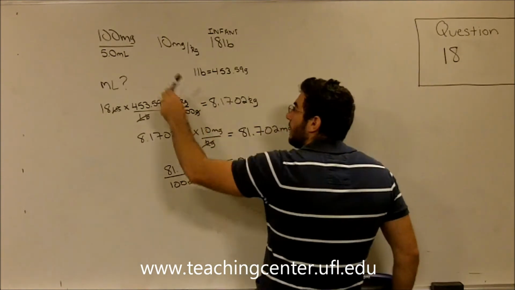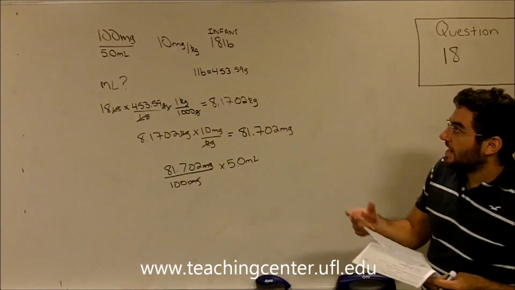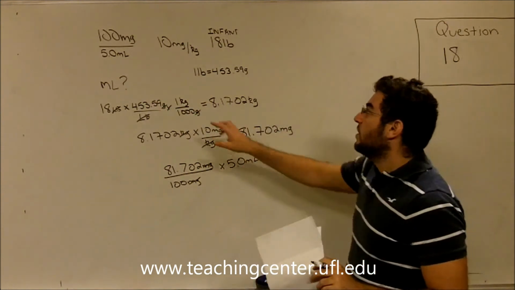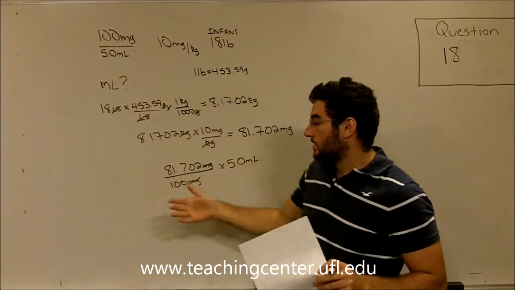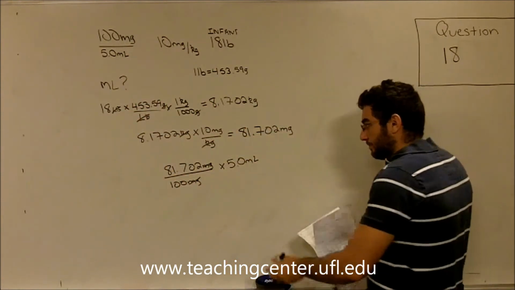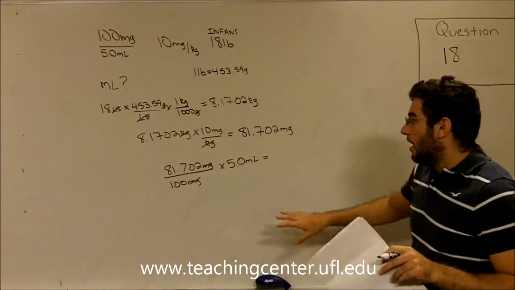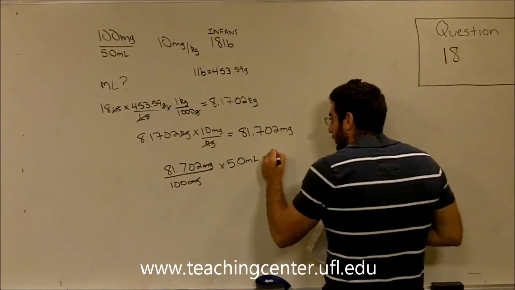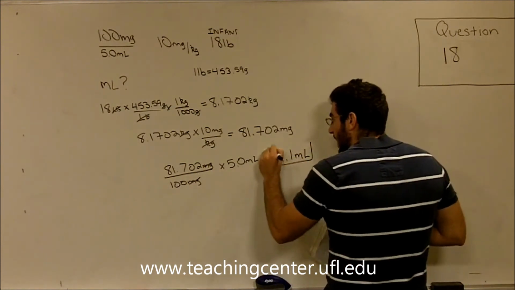Because it's only 81.7 milligrams for this 18-pound infant, we know that it's going to be less than 5 milliliters, because 100 milligrams would be 5 milliliters, 200 milligrams would be 10 milliliters, etc. So this is going to be about 80% of 5 milliliters, and when you work it out, it is equal to 4.1 milliliters.